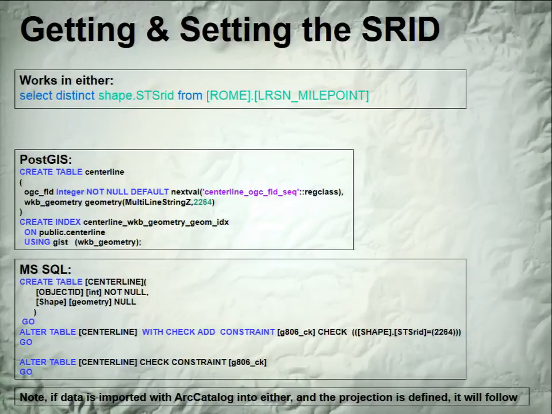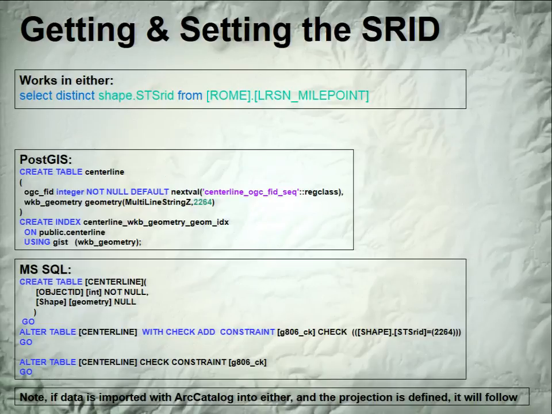Below, in the next two boxes, I'm creating a feature class or a table in the databases. The first one is the PostGIS. When I declare the geometry field, that multi-line string Z in PostGIS means those can be disconnected lines.